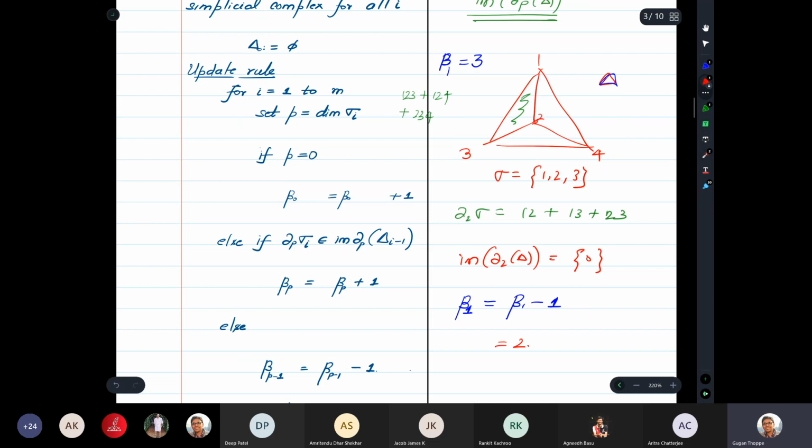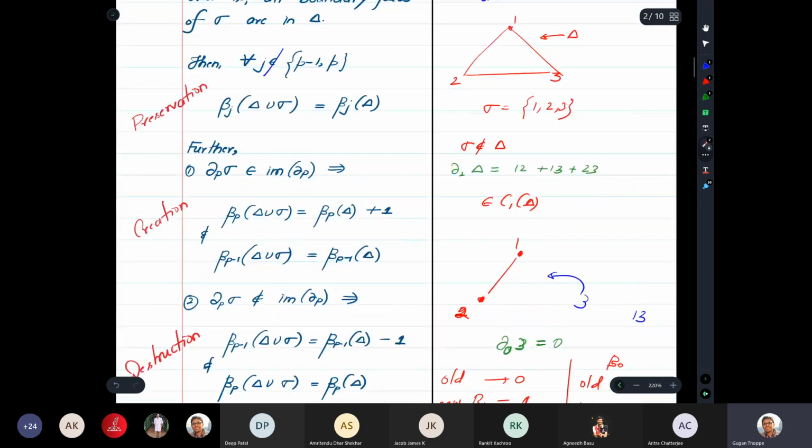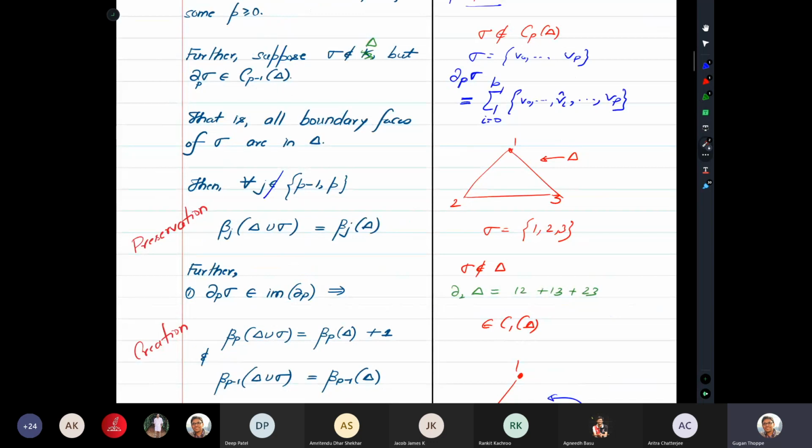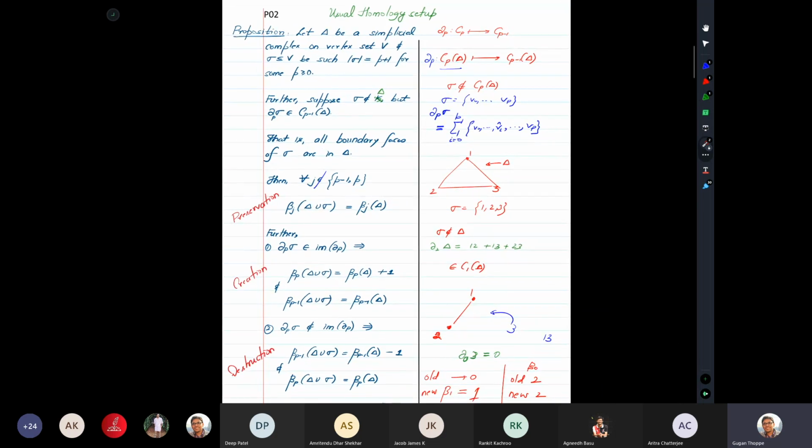Is this okay? So you can do this exercise more carefully, and more importantly, what this proposition tells us is how the Betti number changes whenever you add one face. Let me pause here for a second or two. If you have any questions in understanding this proposition, this may be a good time to ask, because once you understand this proposition, the incremental algorithm by Delfinado and Edelsbrunner should become a cakewalk now.